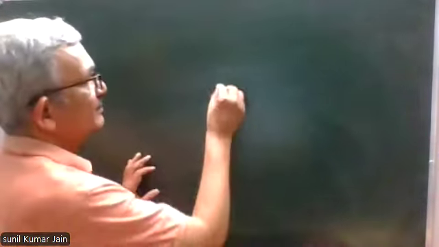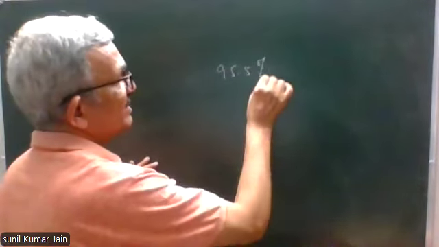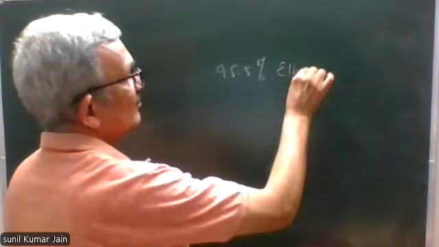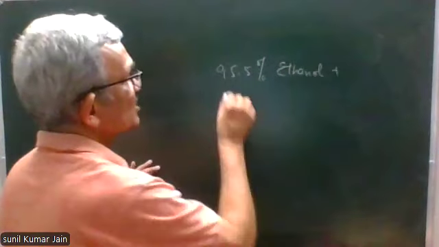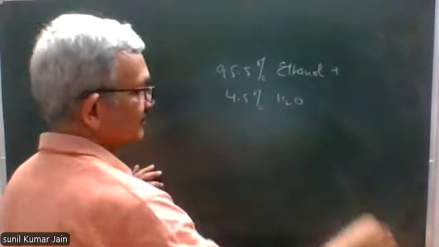For example, 95.5% ethanol plus 4.5% water.